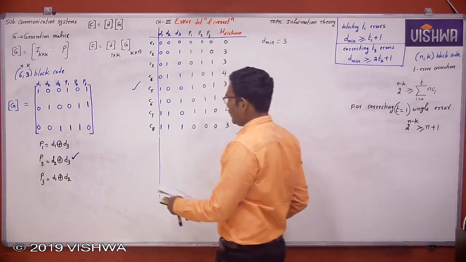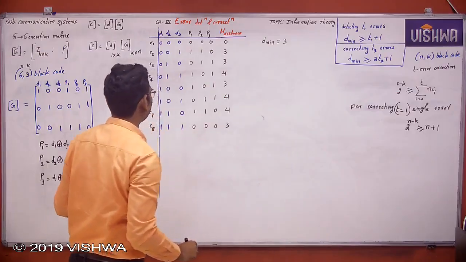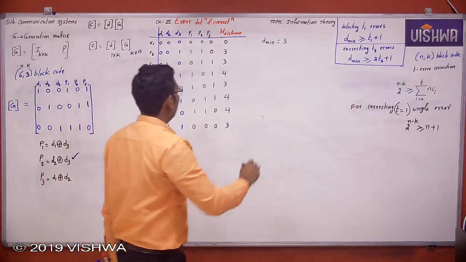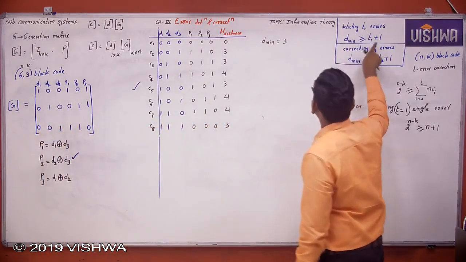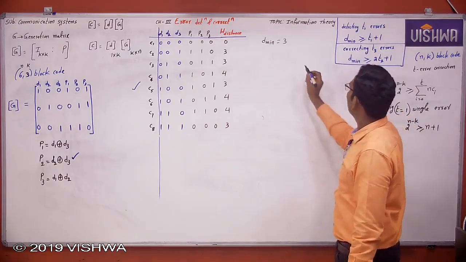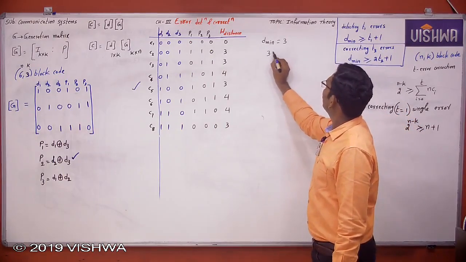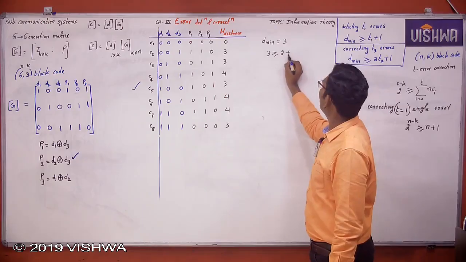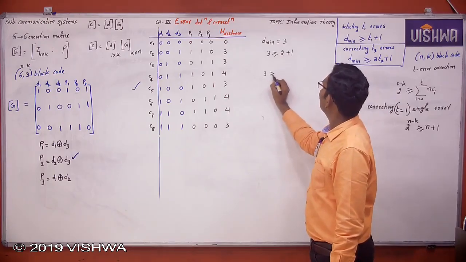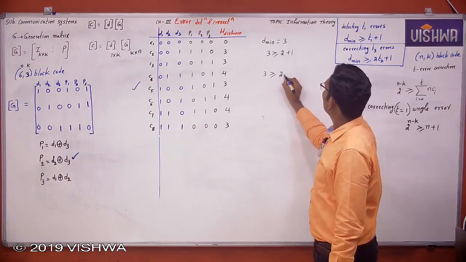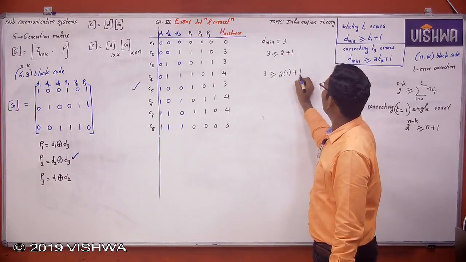So if the minimum Hamming distance is 3, now the number of error detection and error correction can be found. So this is 3, which is greater than or equal to 2 plus 1. This is 3, which is greater than or equal to 2 into 1 plus 1.